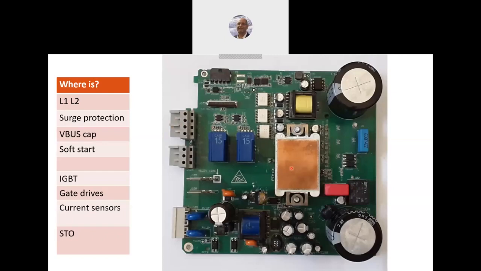Now these are the gate drives. The control board sends a PWM to the gate drive, and the gate drive opens and closes the switches of the IGBT. And here, as I already mentioned, these are the current sensors. And the last thing is the STO. Think about the yellow area. This is the STO.